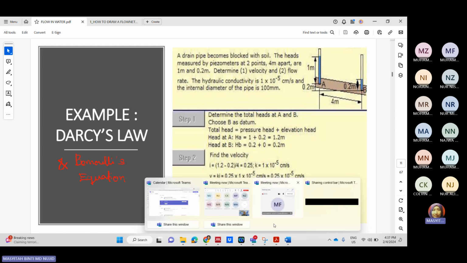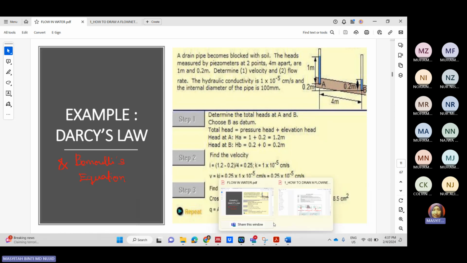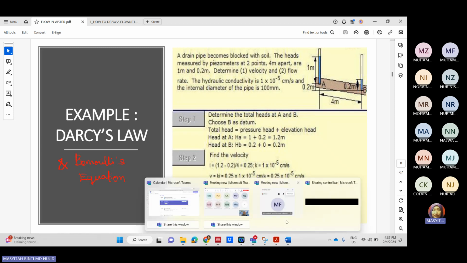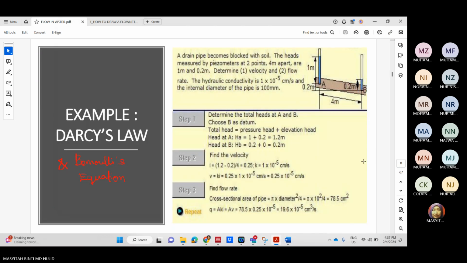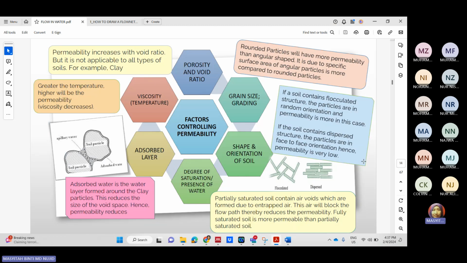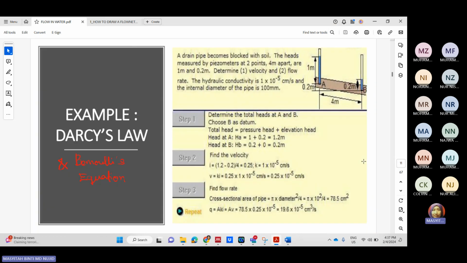So saya tanya je sebab saya nak tahu you ni aware tak, you tidur ke tak tidur. So what is the cross-sectional area for pipe? Kelas Afnan. Mana Afnan? Ada madam. Apa dia? Kita punya cross-sectional area for pipe.